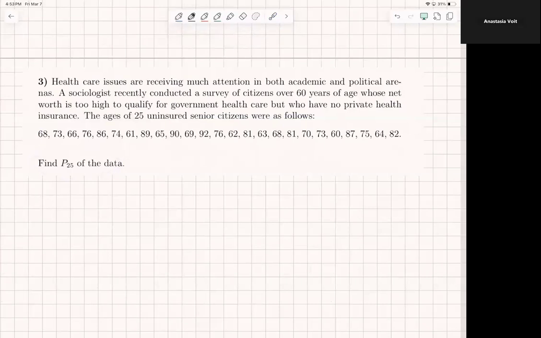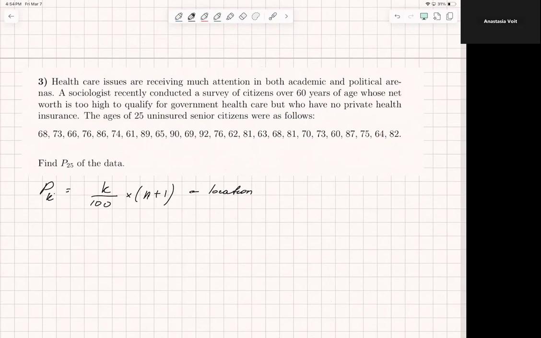Now, remember that to find some percentile, let's say, kth percentile, we want k divided by 100 and multiply by total number of values plus 1, right? So this is where we would find the location of our data. Okay. But before that, we need to put all the values in order.